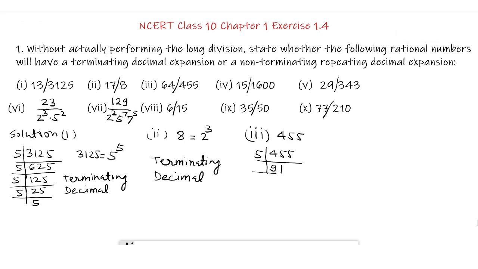Now it is not divisible by 5, but it is divisible by 7, and 7 divides 91 thirteen times.